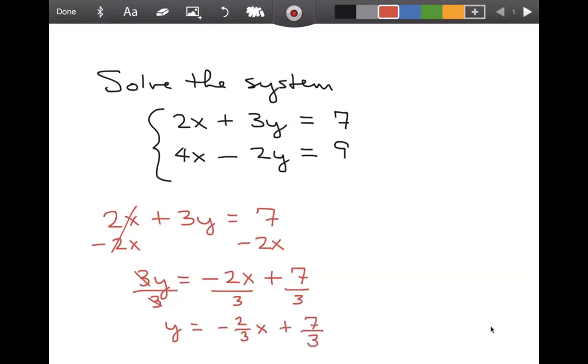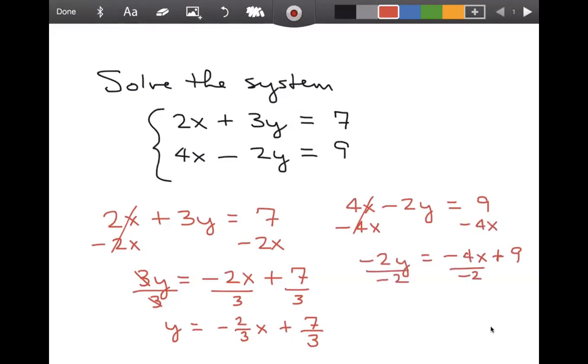And now I'll do the same thing with the second equation, 4x minus 2y equals 9. We'll subtract 4x from both sides, which gives us negative 2y equals negative 4x plus 9. And then we'll divide everybody by negative 2.